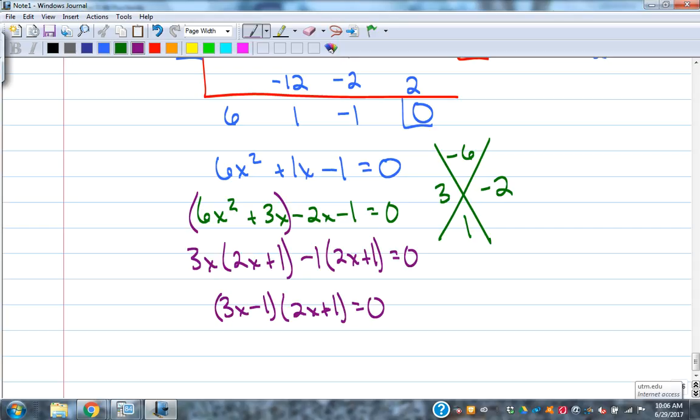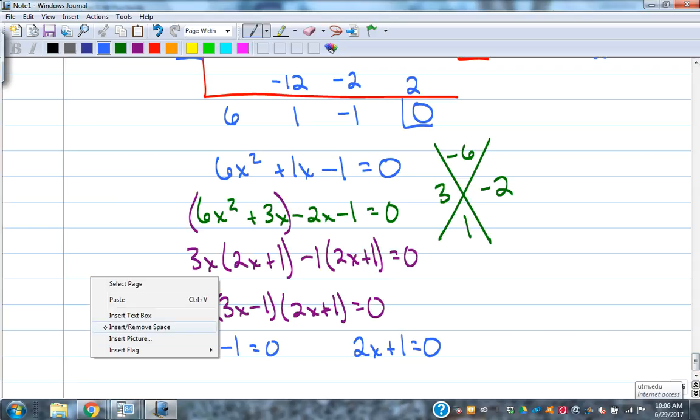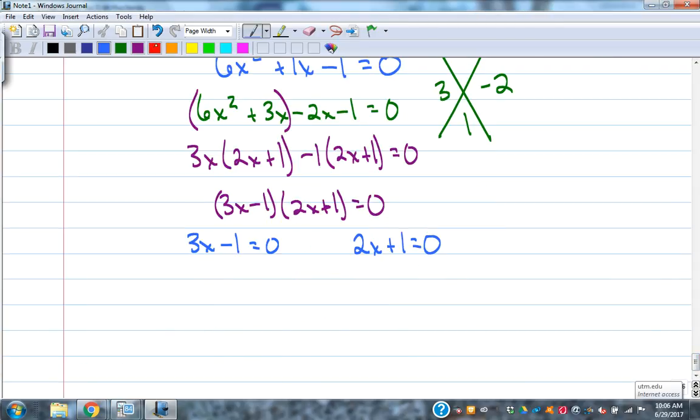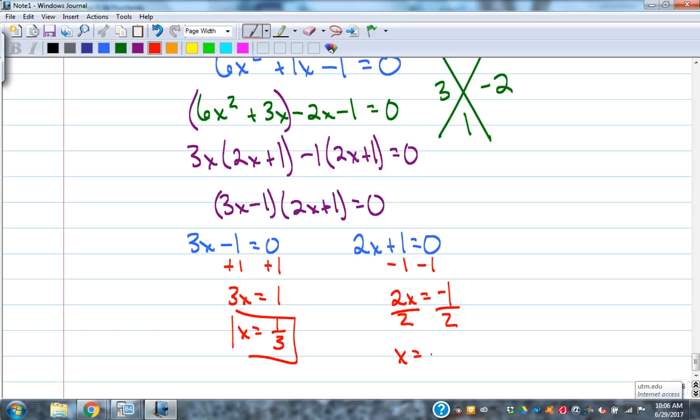Set each of those factors equal to 0 and solve them. 2 steps. x equals 1/3 and -1/2.